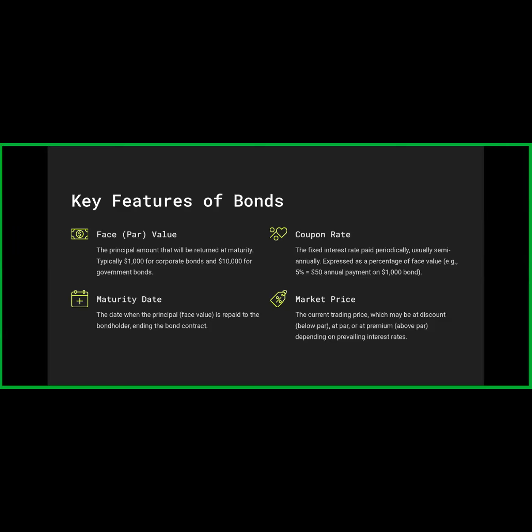Now next one is the market price. We also calculate the current trading price, which may be at a discount, below par, at par, or at a premium, depending upon the interest rates. In some cases the bond may transfer, so you should know the concept of loan transfer.